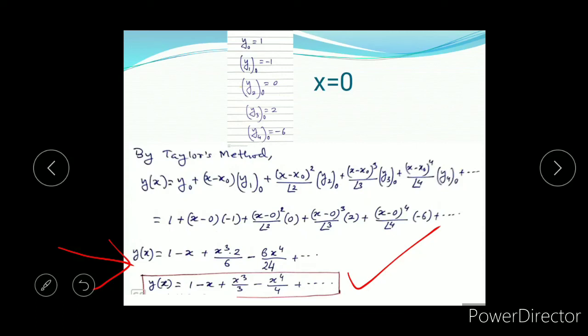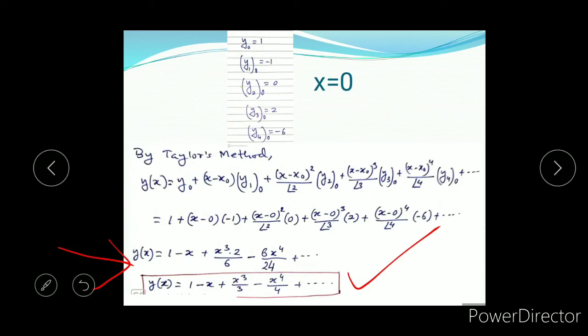Among them we want only 4, and we are already getting that. So we are not bothered about y5(0), y6(0), y7(0) and so on. As this is an infinite series and we are taking only 4 or 5 instances for calculating the value, we will always get the approximate solution for y(x).